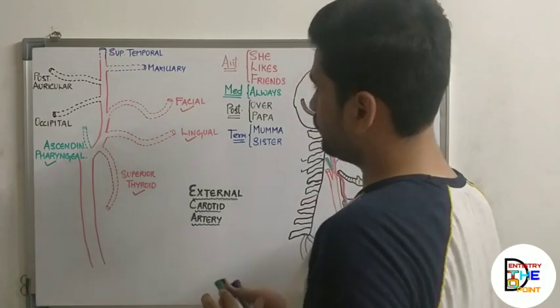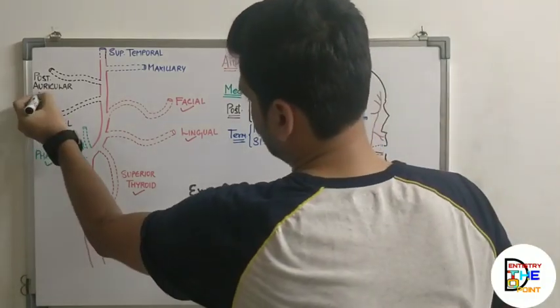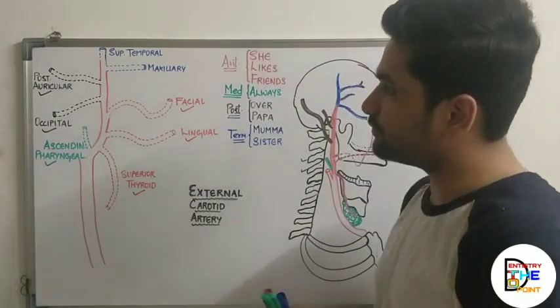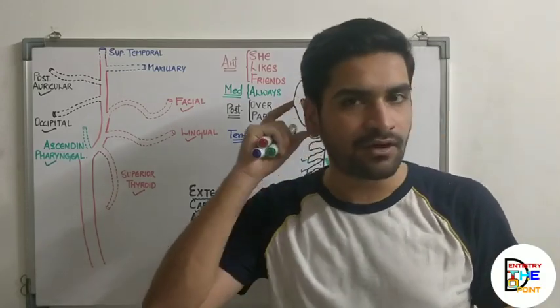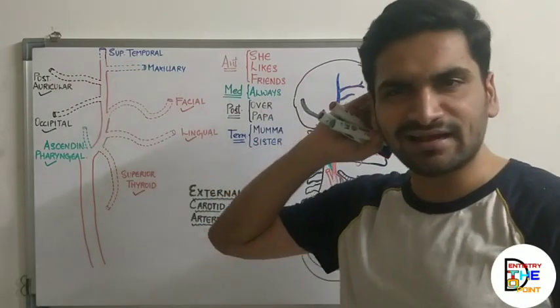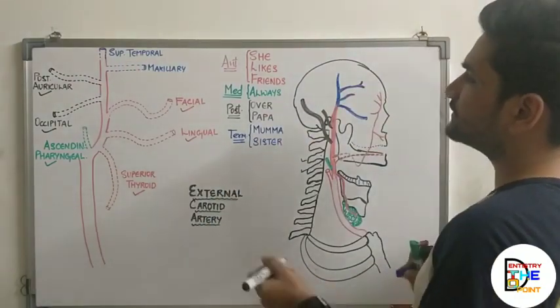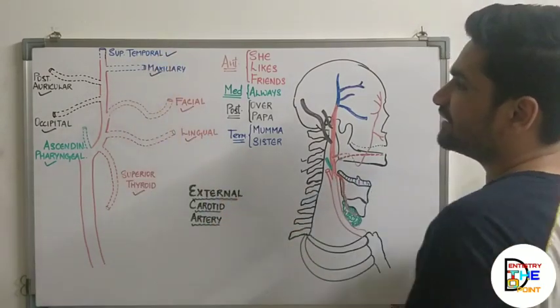Now moving on to the posterior. The posterior will be your posterior auricular and occipital, right? कौन सी है? Posterior auricular. See, this is going to go behind. So these are the posterior branches, behind the ears, that is posterior auricular, and in the occipital region. And lastly the terminal branches, there are 2, that is superficial temporal and maxillary artery.